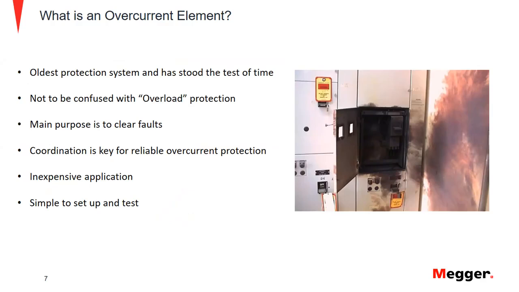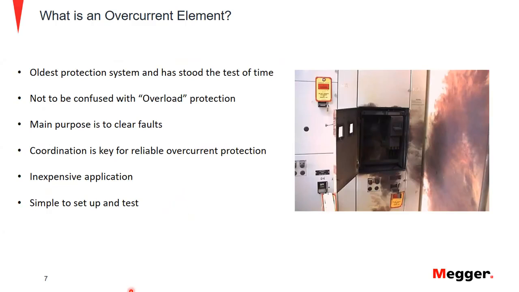Okay, so the first overcurrent relay was actually designed around 1904, and it was produced in 1905 by a company that is now known as ABB. It is one of the oldest protection systems that has stood the test of time, and it's not to be confused with overload protection.